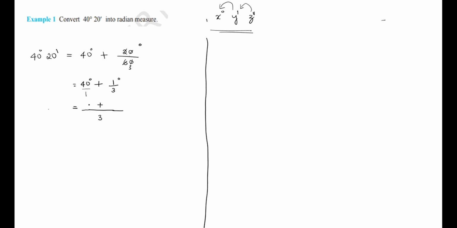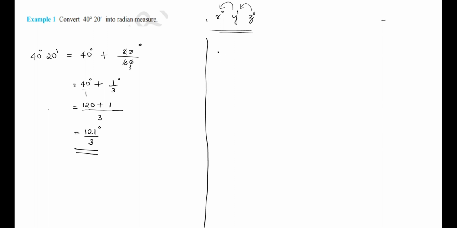For the left hand side, 40 into 3 is 120, 1 into 1 is 1, that is nothing but 121 by 3 degree. This is the degree in total that you have to convert into radian measure.